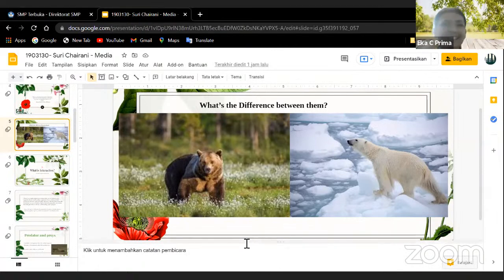Okay, then continue to another slide. The point here, why we show this picture, is to capture the interaction of animals with biotic and abiotic things, including the consequence.